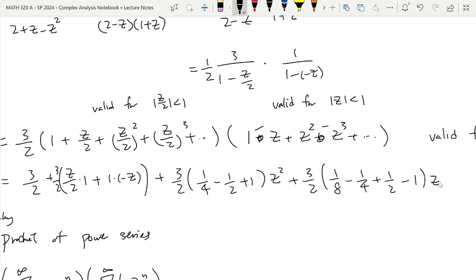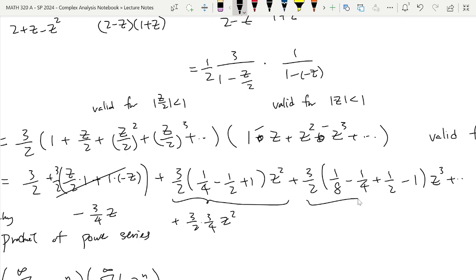You can see a pattern here, which I won't pursue. Okay, but things can cancel, and so here that was 1/2 minus 1, so it's negative 1/2, so it's minus 3 over 4 z, and this one is 3 over 4, so 3 over 2 times 3 over 4 z squared, and this term is 3 over 2 and then plus 5 over 8 negative z cubed, it is alternating.